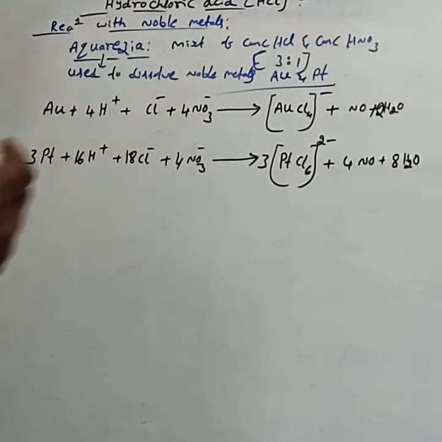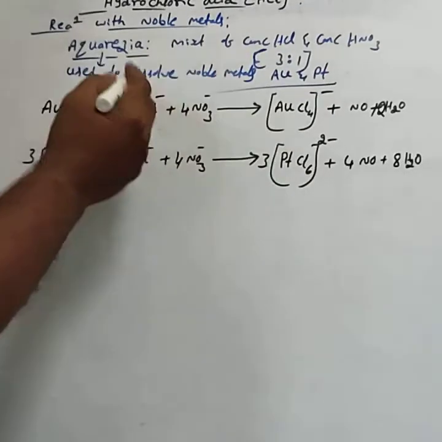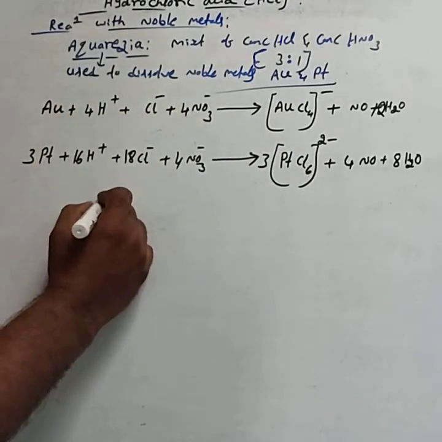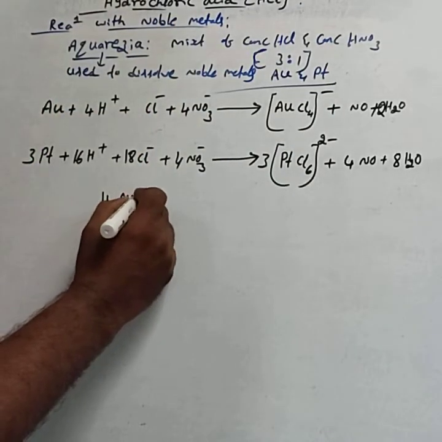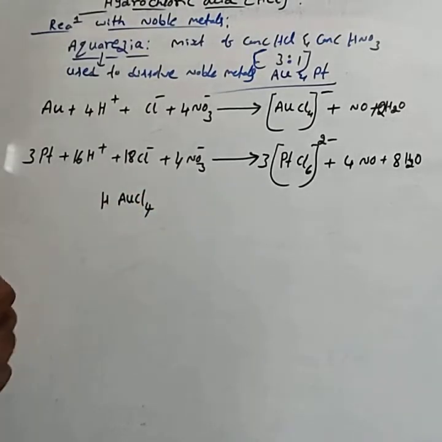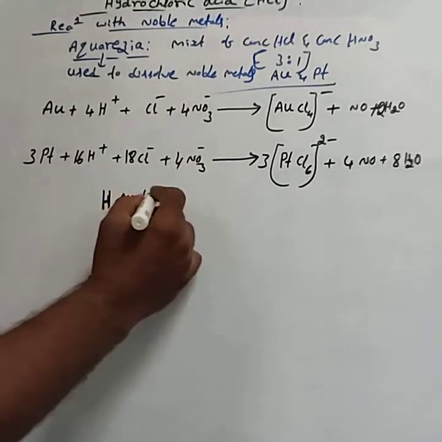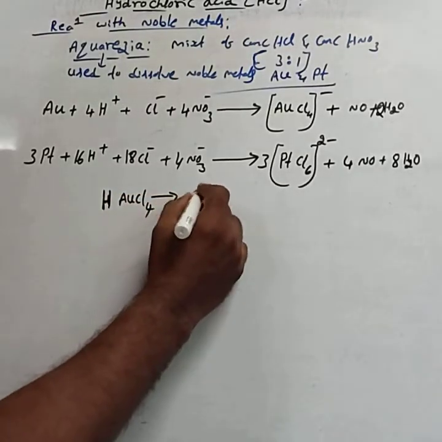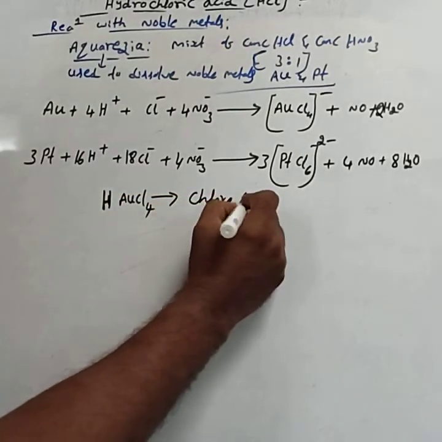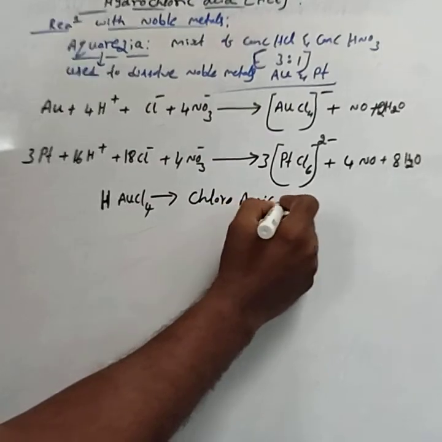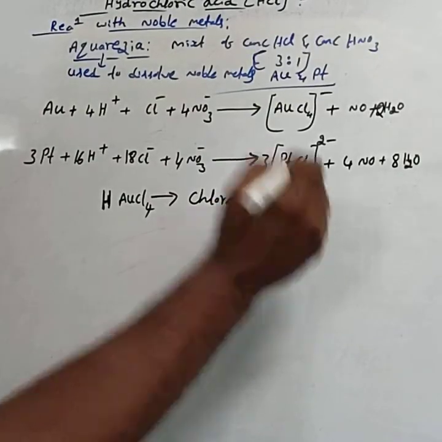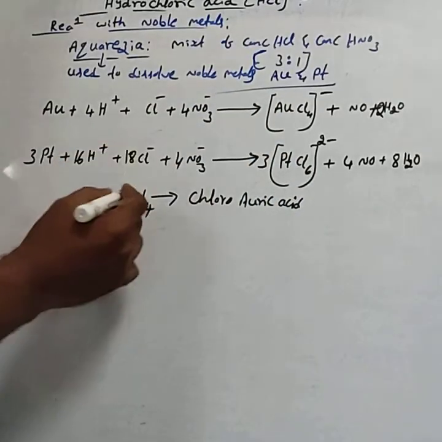Actually, in competitive exams, gold dissolves in aqua regia and forms HAuCl4. This is called chloroauric acid.